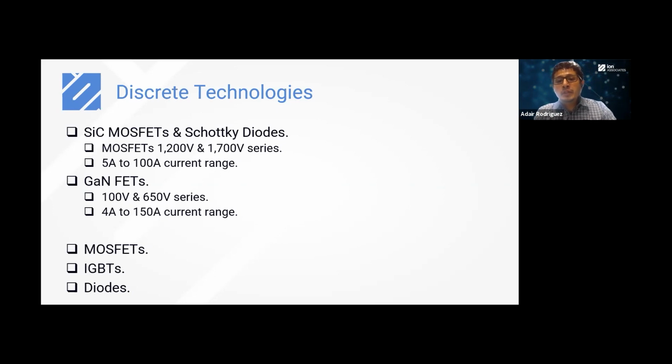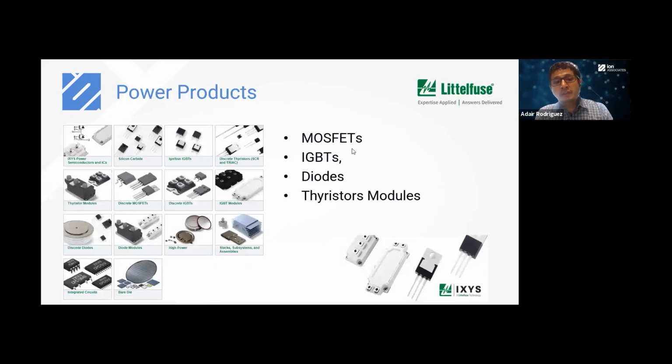They can help us with silicon or silicon carbide technology. As we can see, Littelfuse has high power diodes, MOSFETs, IGBTs, or for even higher power, IGBT or thyristor modules. As I said before, we can use silicon technology or silicon carbide.